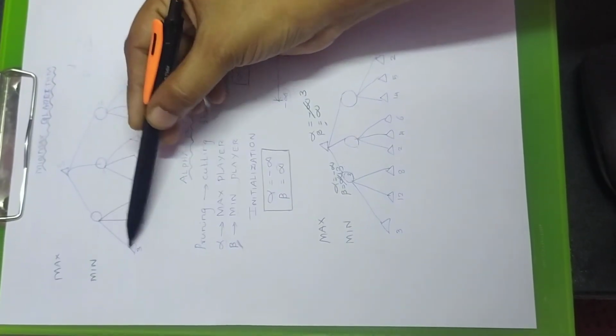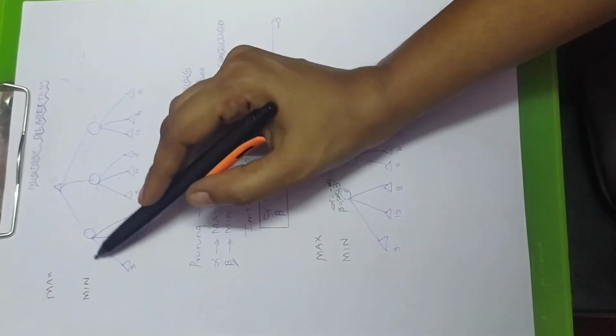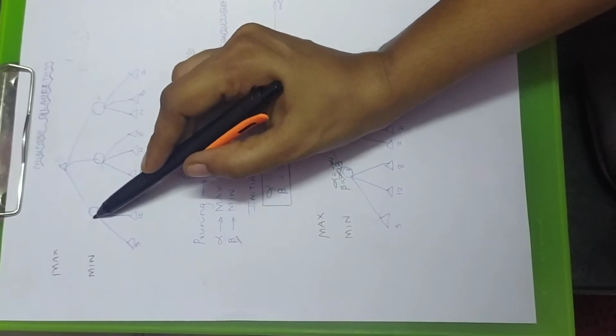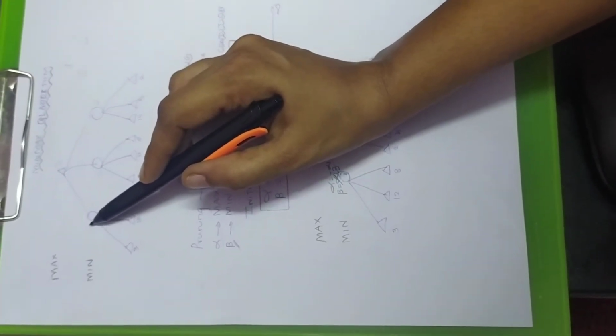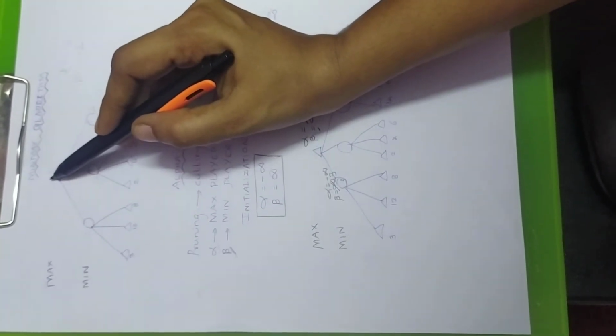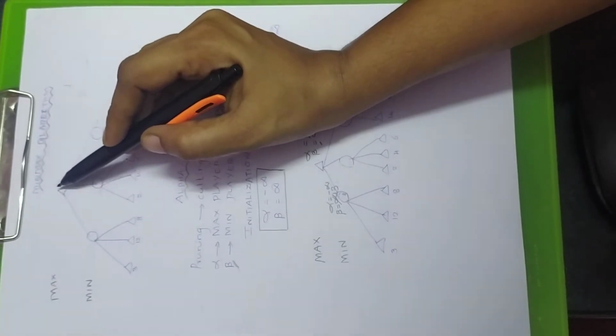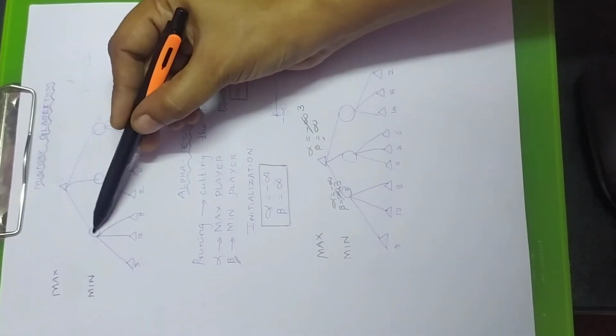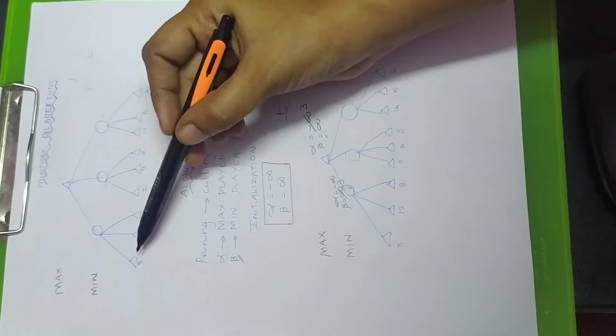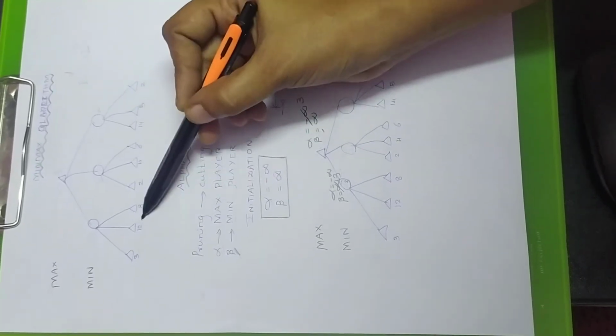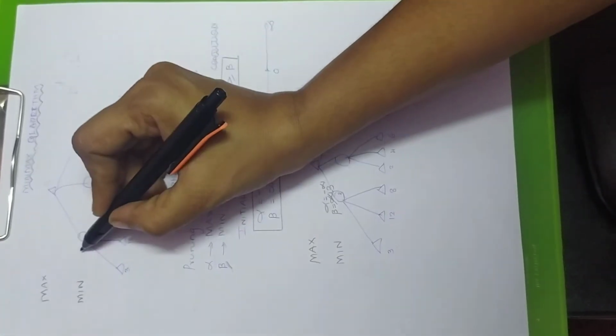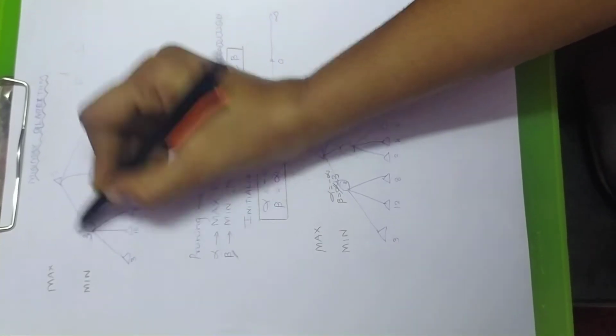We can start with the lower level. Here the objective of the min player is to select the minimum value, and the max player's objective is to take the maximum value. When we consider this node, there are three child nodes, 3, 12 and 8. Here 3 is the minimum value, so that is selected.